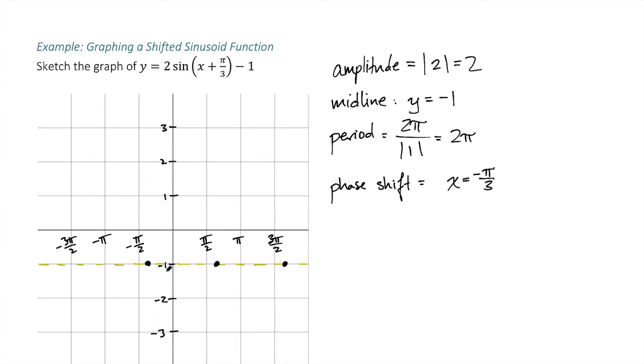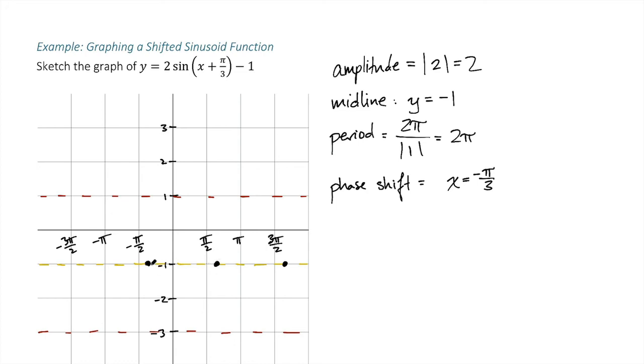And then I know that I'm going to reach my maximum is going to be up from my midline. My amplitude is going to be going up 2, which puts me up at a positive 1. Let me go ahead and do a different color on that as well. So I'm going to get that high. And then I'm going to go from my midline down my amplitude, and that is how low I'm going to get.